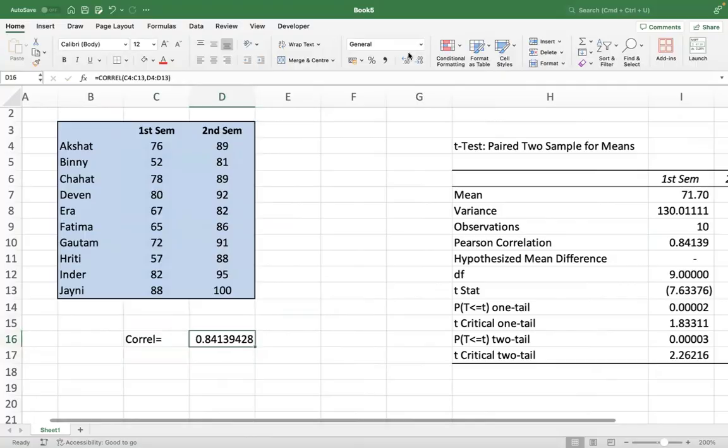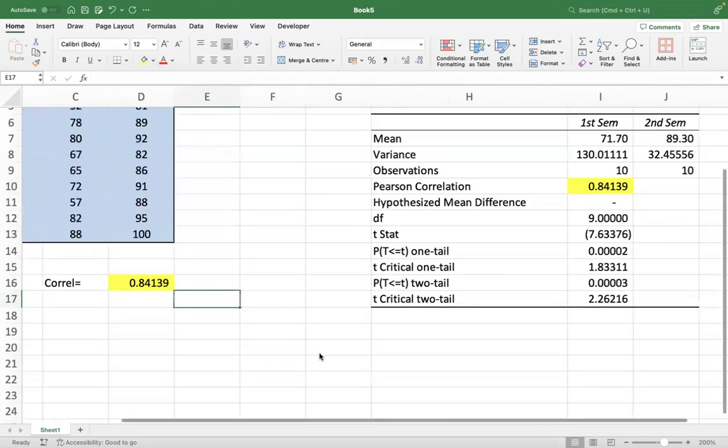You will see that the correlation is exactly the same that you are getting here. 0.84139. Degrees of freedom will be 9 because there are 10 observations, so 10 minus 1.